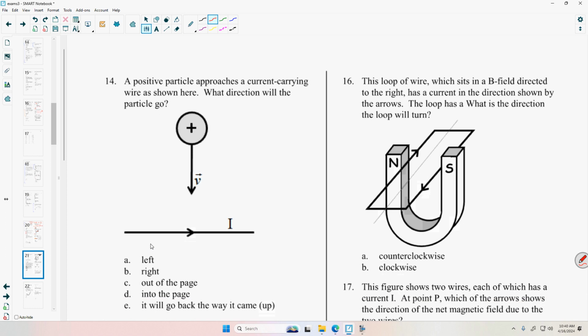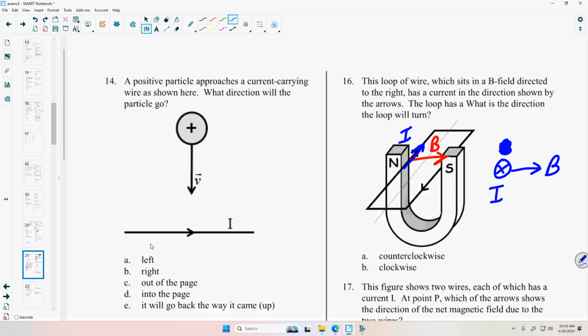16 on this exam? Okay, so here I have a three-dimensional drawing. First of all, recognize that the magnetic field runs in this direction, that's B. And then let's just take the right-hand side. On the right-hand side, my current is going in that direction. So I have a current that is into the page, and a magnetic field that's to the right.